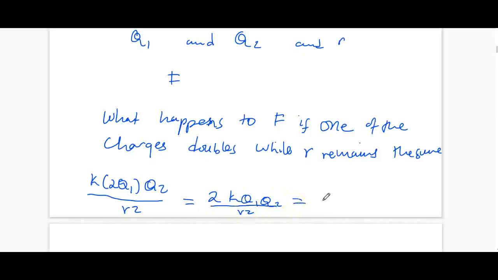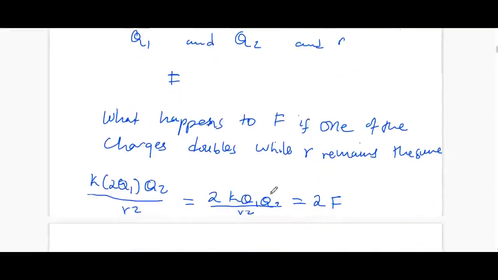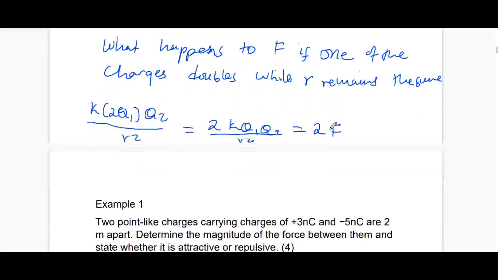But we know that K Q1 Q2 over R squared is equal to F. So I have 2 multiplied by F. So if one of the charges doubles, the force will also double, because force is directly proportional to the product of the charges. This is the reason. You find this kind of problem in multiple choice questions.